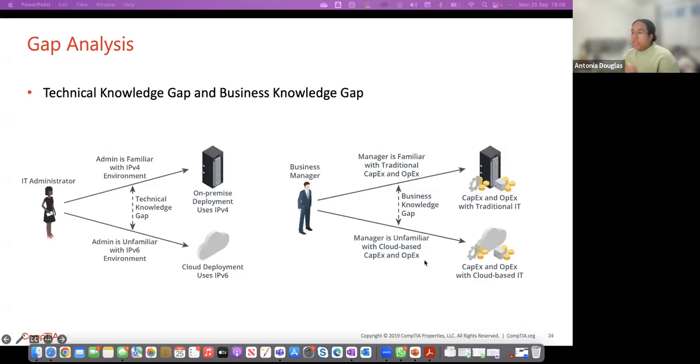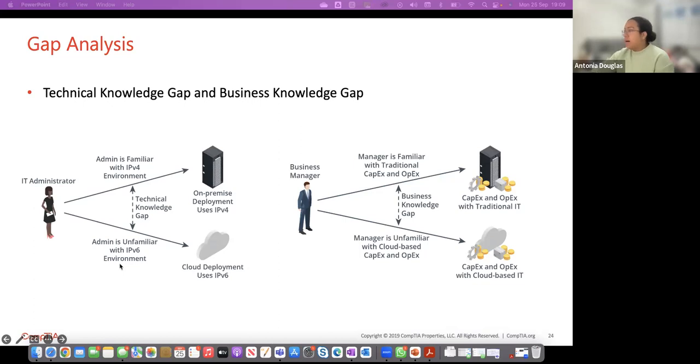Earlier I mentioned gap analysis in terms of using those cloud resources. We've got two aspects that we're covering here, the technology knowledge gap and the business knowledge gap. Firstly, the technology knowledge gap can occur very quickly.